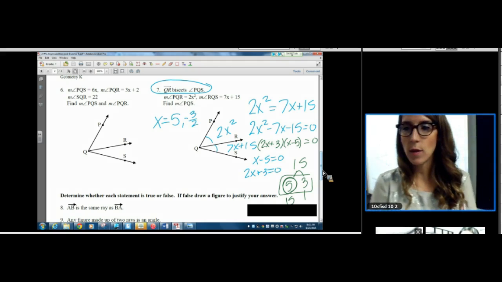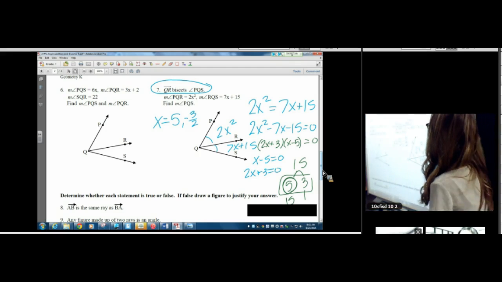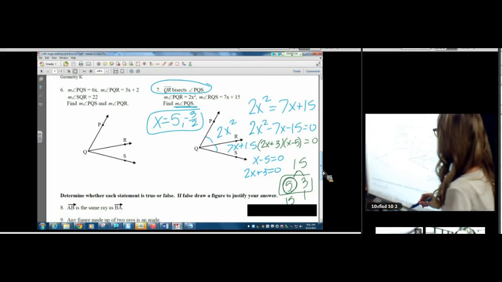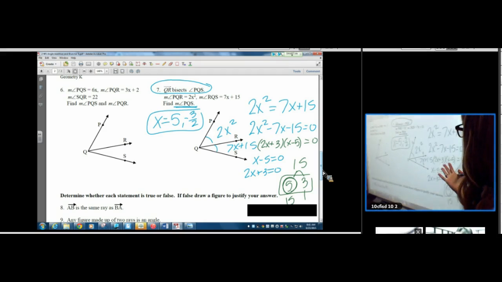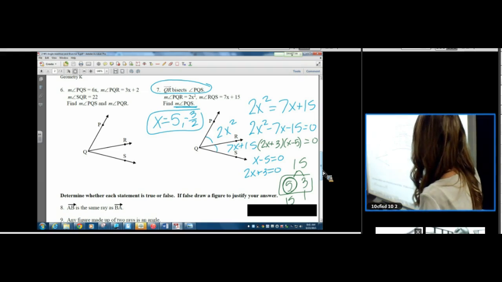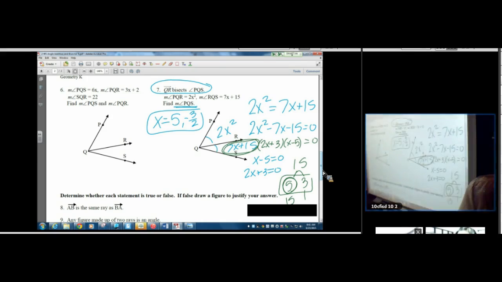If you want to put negative 1.5, there's nothing wrong with that. I usually leave it in fraction form. It didn't say to find x. It said to find the measure of PQS. So you have to plug it in. What I would do is just plug it into one of them. You can pick either one. I would plug it into one of them, and I would just double it. Okay?